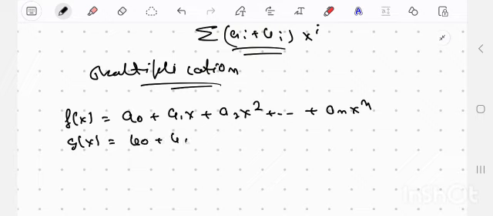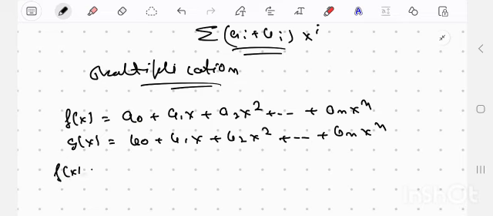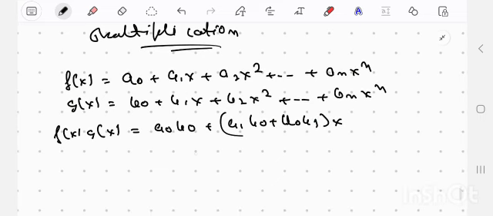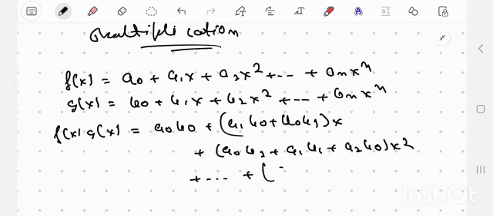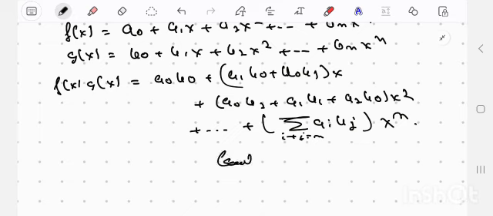So let's say g(x) equal to b0 plus b1x plus b2x square and so on to bn x to the power n. Then f(x) times g(x) is the polynomial a0 b0 plus (a1 b0 plus a0 b1)x plus (a0 b2 plus a1 b1 plus a2 b0)x square, so on and so forth. This should be the collection of all the coefficients in this way, so that i plus j adds up to n, and this is x to the power n. Okay. So these coefficients are basically called the Cauchy coefficients.